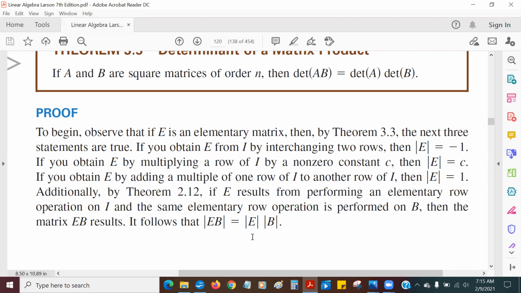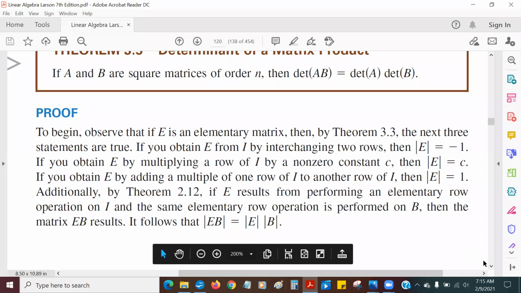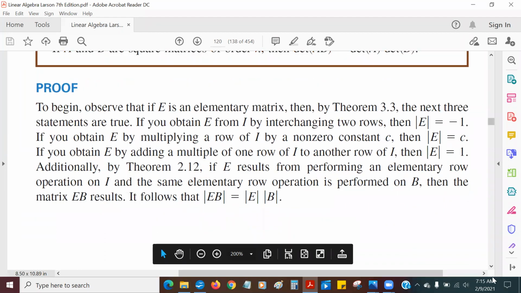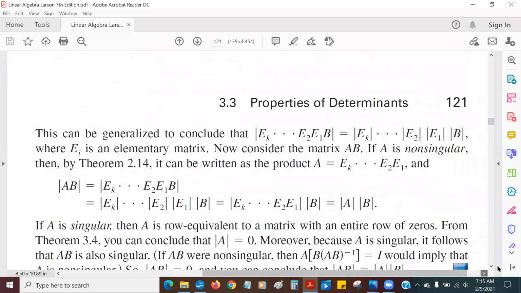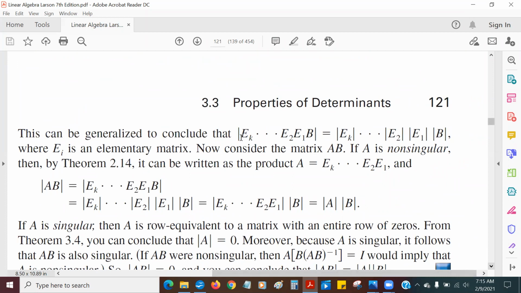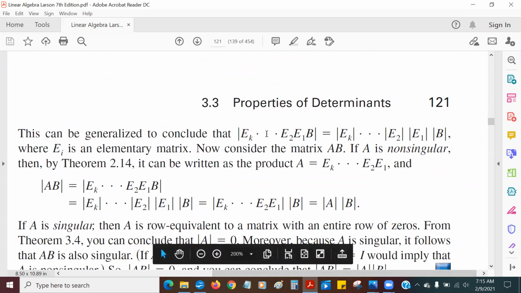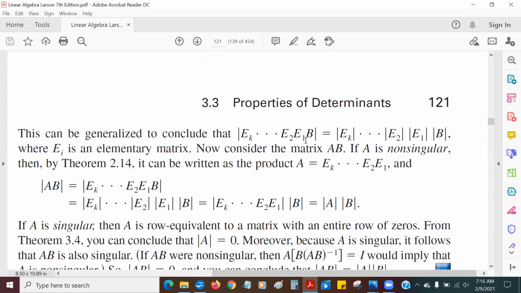Now that we know this, we've got just a little bit left, and then we're going to actually start the proof. This is still kind of pre-proof. So first of all, there's one last step I've got to do. I want to generalize this. Let's say you have a whole bunch of elementary matrices times B. Well, E1 times B does whatever it does, switches rows or something.